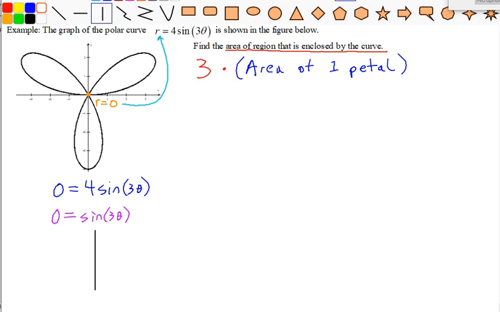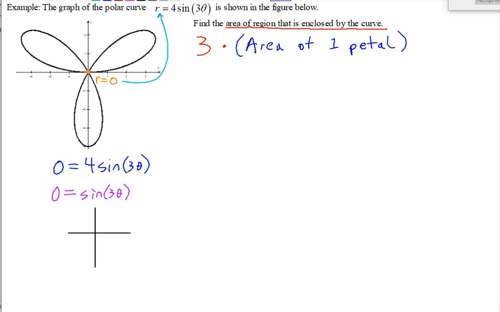But let's find the first 2, because we want just one of these petals. The first place sine is 0 is right here at 0. The next place is at pi, then at 2 pi, and so on. Let's just start with the first 2.